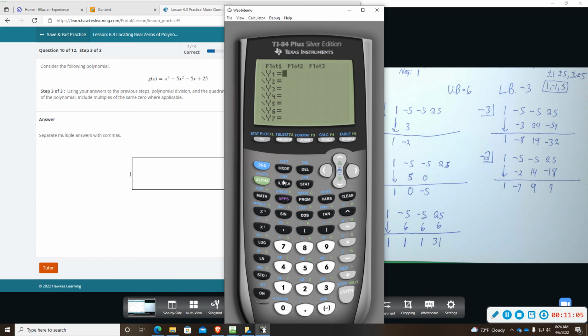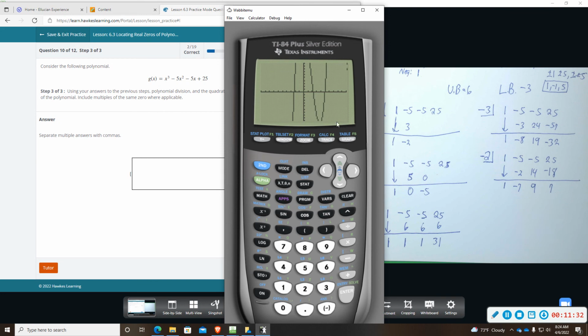So I'm going to type in x to the third. I'm going to arrow over to get down, and then minus 5x squared minus 5x plus 25. And then we're going to graph it.